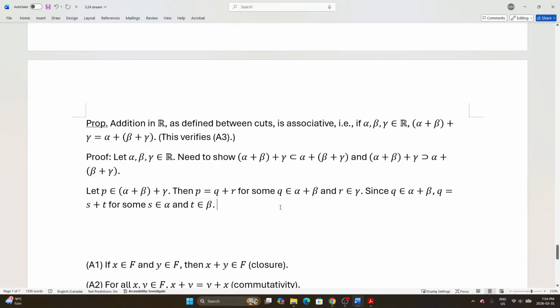So together overall, thus P is equal to Q plus R, which is S plus T plus R. Okay, so that's the original grouping. And this is of course equal to, and just continue and write, S plus T plus R.